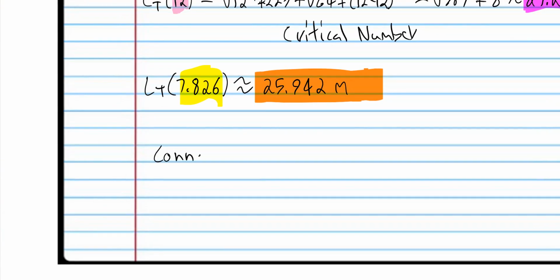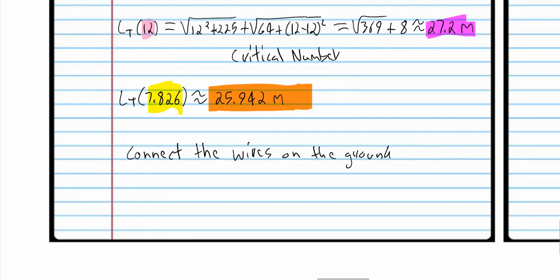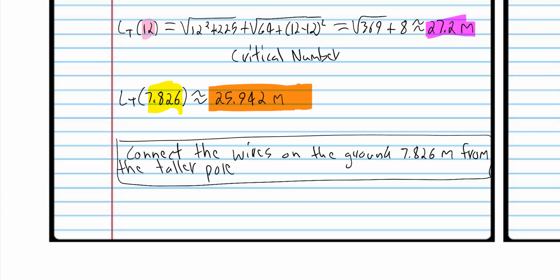So connect the wires on the ground 7.826 meters from the tallest, or we can say taller pole, and that's the answer. That'll minimize the amount of wire used.